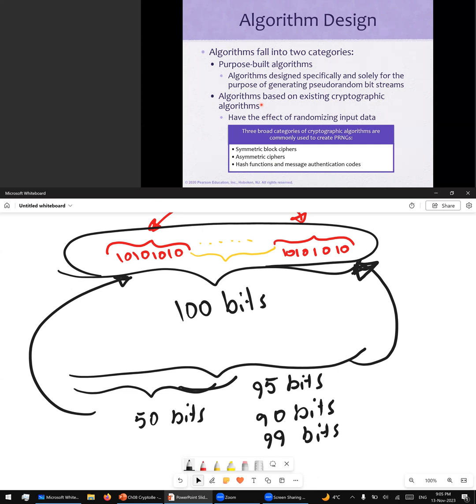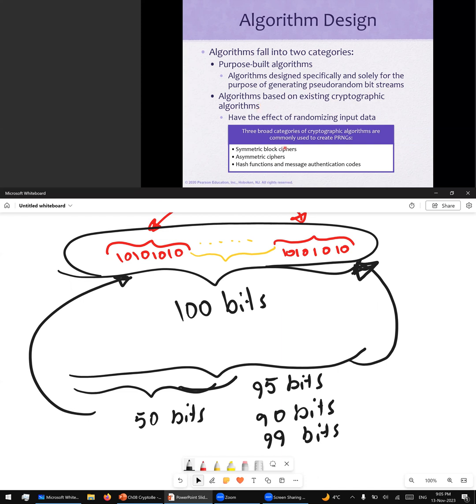By other structures, I mean encryption schemes. Like we said when we were talking about modes of operation, the output of an encryption scheme, when the key is random, is also random. We can use the output as a random source, as a random stream of bits.